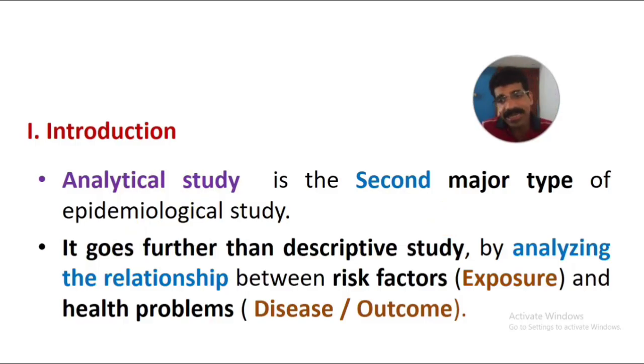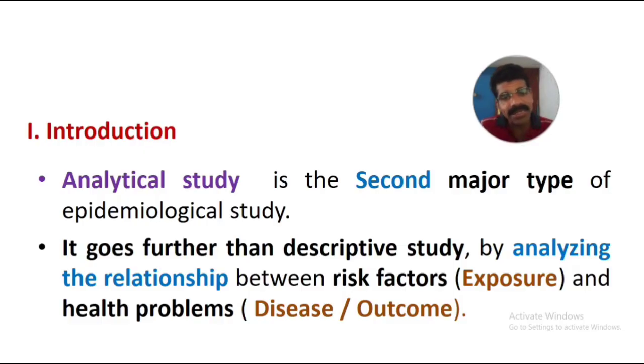Analytical study is the second major type of study, or the continuation of the descriptive study, in epidemiological methods or approach. Thus, it goes further than the descriptive study, because in descriptive study we only describe the occurrence of any health problem or disease in the community.